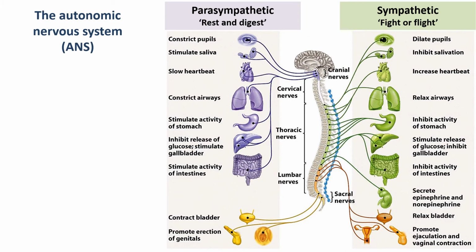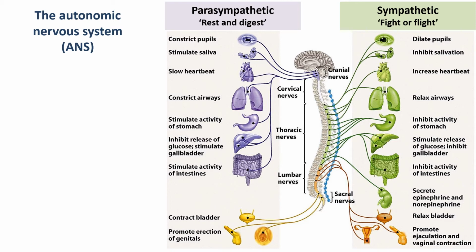Okay, so let's have just a quick look at the autonomic nervous system. If you remember, this has efferent and afferent branches. It can also be divided into the sympathetic and the parasympathetic nervous system. The parasympathetic nervous system, the purple colour there on the left, is all about down regulation.